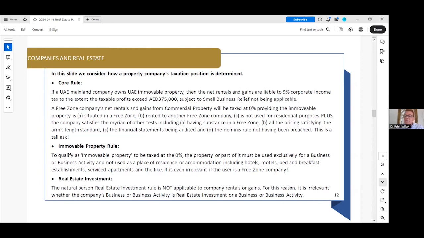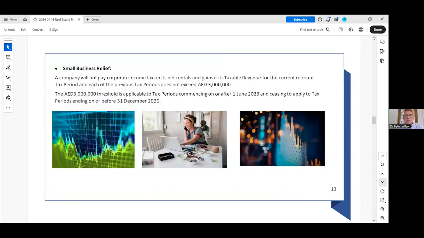Small business relief, yeah, company will qualify for the small business relief, won't it? If it's carrying on real estate activity, the 3 million dirhams should be doable. If we're just talking about rental, you could probably own 10, 15 apartments, earning 100, 150,000 a year in rent, and qualify for the small business relief.